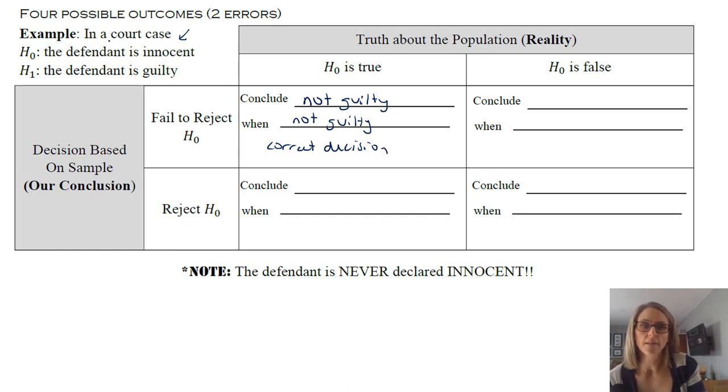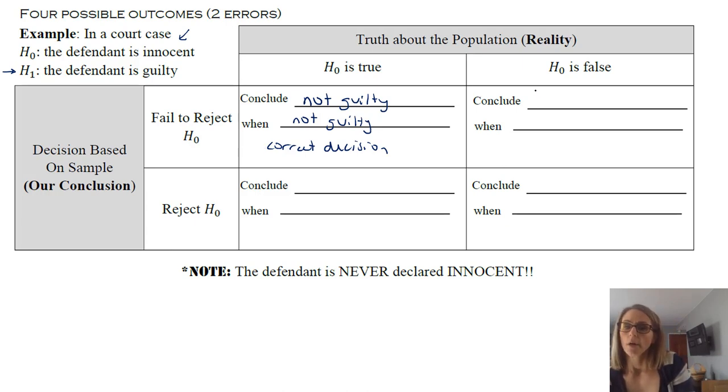Because it is true that the defendant is innocent, and we do our test and we fail to reject H naught. So remember, fail to reject means we do not reject H naught. And so our test shows that we do not have sufficient evidence to support the alternative. So we are going with H naught, and that's the correct decision.